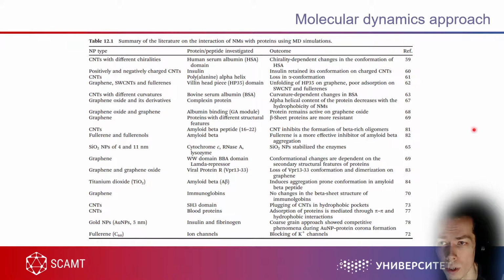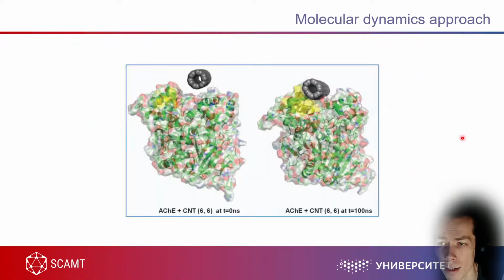For example, here is a summary of recent literature data available on the interaction of nanoparticles with different proteins or peptides. In most cases it's graphene or carbon nanotubes and so on. And why? Because they are well studied and there are already existing models of carbon nanotubes interacting with proteins, how they can change conformation, how they can interact and so on.